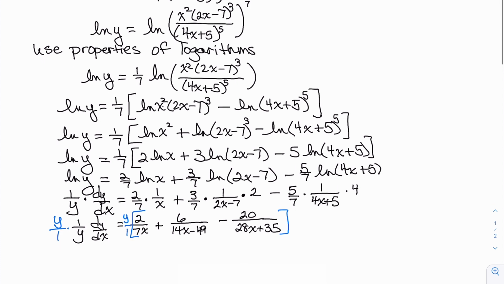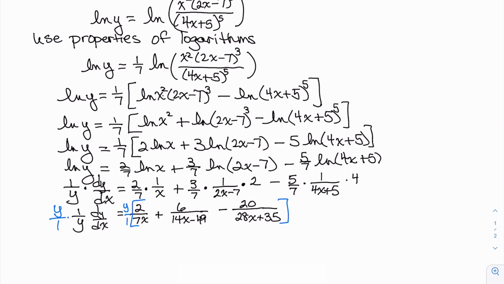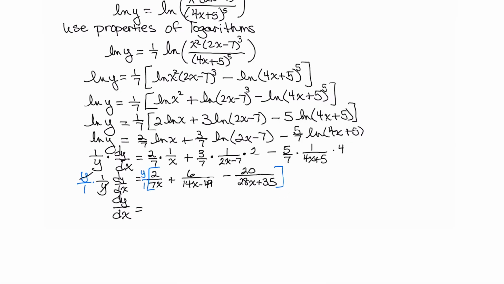So for that, on our left side, the y's cancel, and we get dy/dx is equal to, and then on the right side, I do have that y over 1 as a factor in front, but we know what y is worth. y is worth the 7th root of x squared times 2x minus 7 cubed over 4x plus 5 to the 5th. So we want to replace our y with what it's worth.